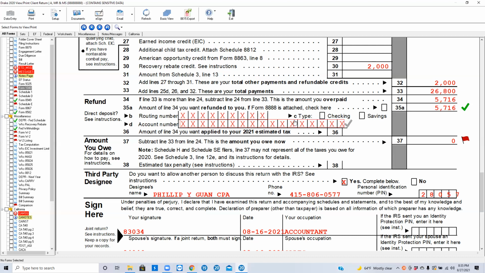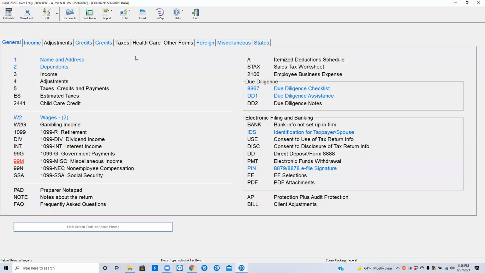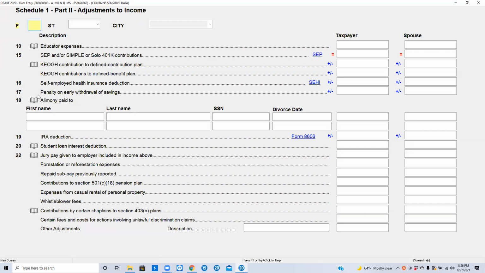So now let's look at this situation. Now, if this client still wants to participate in the 401k, and besides the 401k wants to put money in the IRA, see whether or not they can qualify. Okay, under adjustments, and then IRA on line 19, and then you put it in that form, 6505.